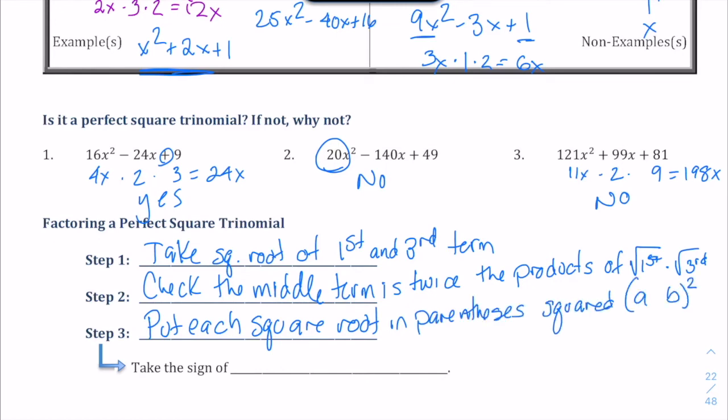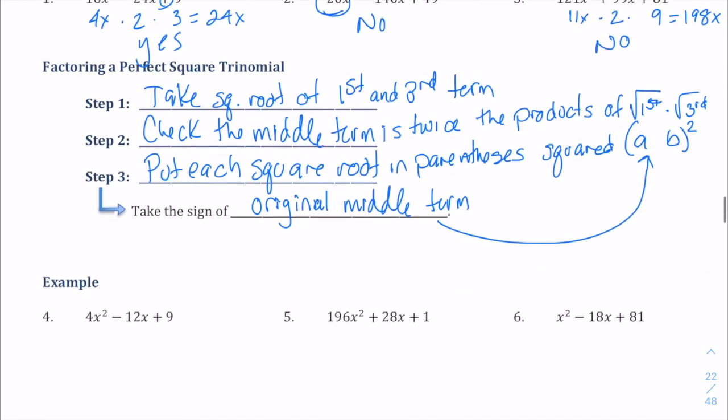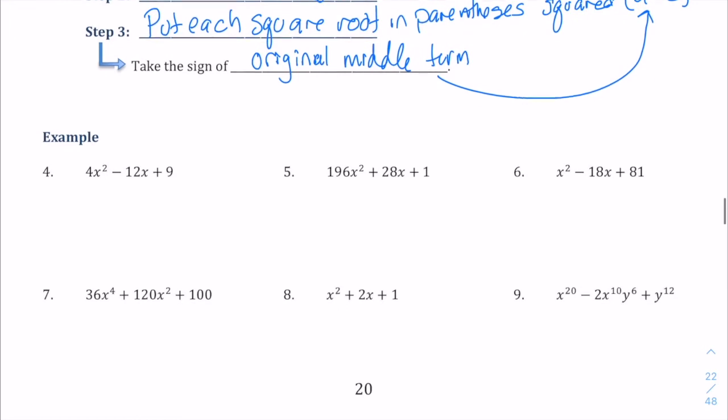And in between the two terms, we're going to take the sign of the original middle term. And that's going to go right there. All right, so much processing that has to be done. Let's go ahead and actually look at what really is involved, and I promise it's less scary than it seems.